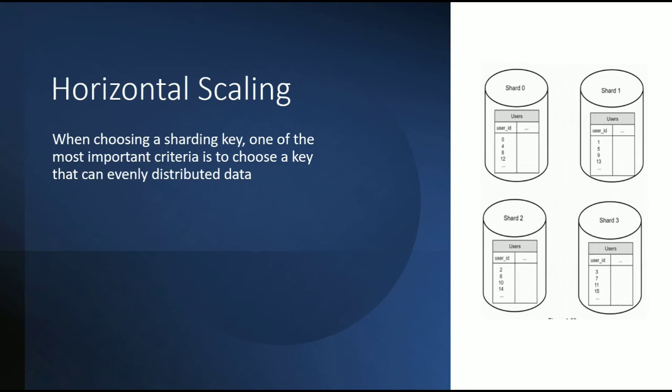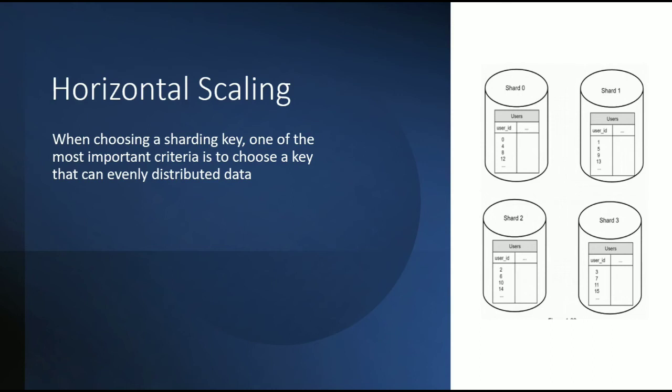According to that, mod 1 will be put into the second shard, and mod 2 will be put in the third, like that. So here, the crucial part is how you are choosing or creating your hash function, and which keys and which columns you are using for that. So that is more important.